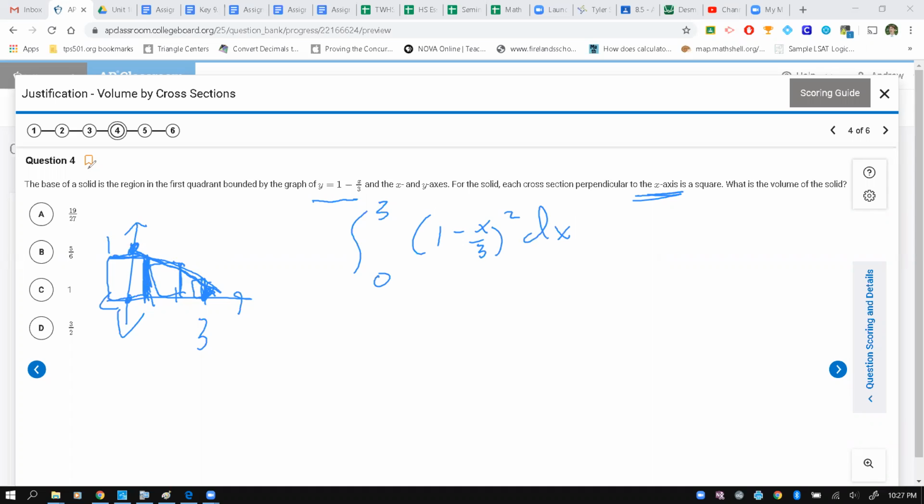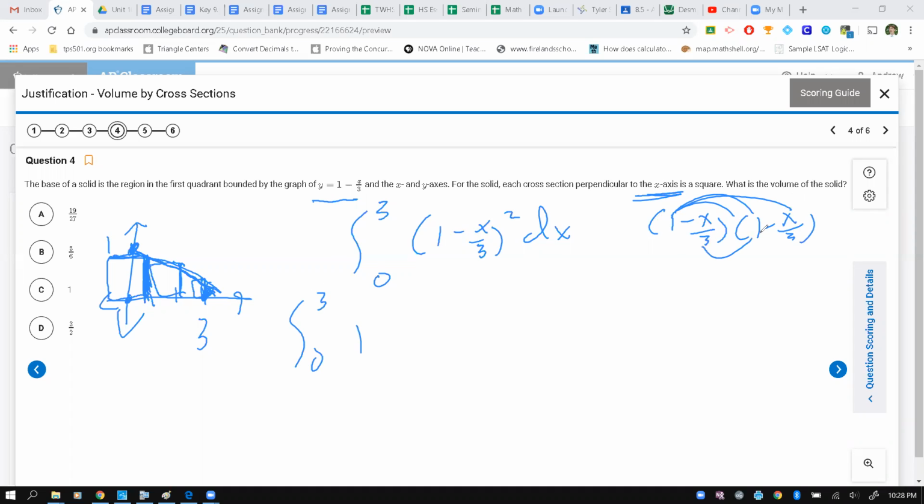Now this one is not calculator allowed, so they expect you to be able to do this by hand. Before you actually integrate, I would simplify this and go ahead and square it out. Using the distributive property, 1 minus x over 3 times 1 minus x over 3: 1 times 1 is 1. 1 times negative x over 3 is negative x over 3.